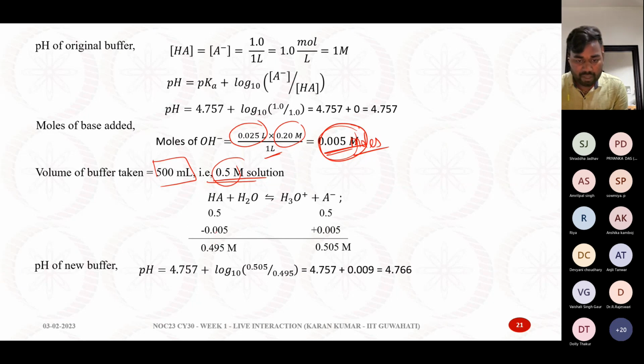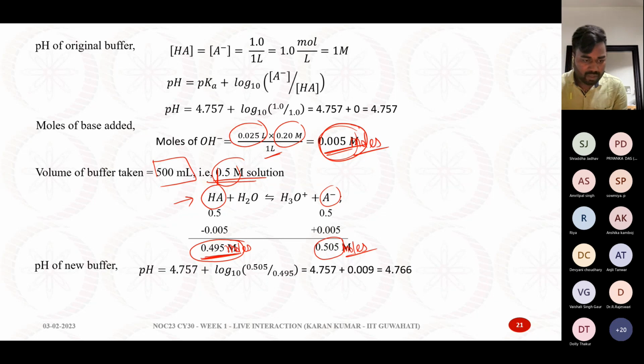Now you are titrating that acid with the base. So thereby at the end you will have these many moles: 0.495 moles of acid, and for base it will be 0.505 moles, right?